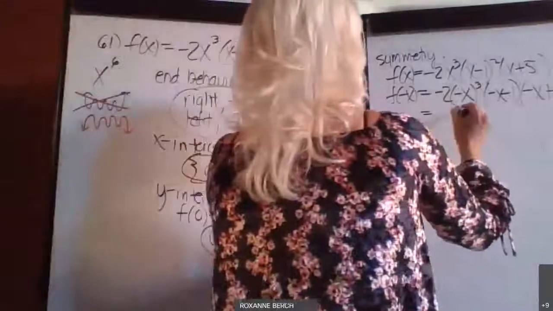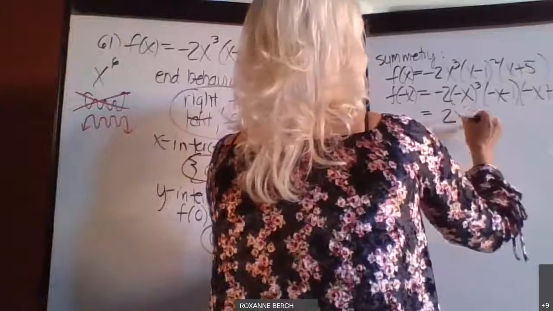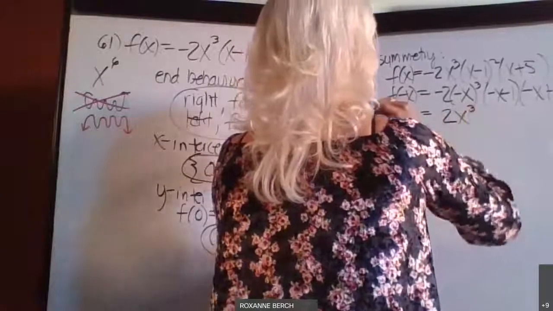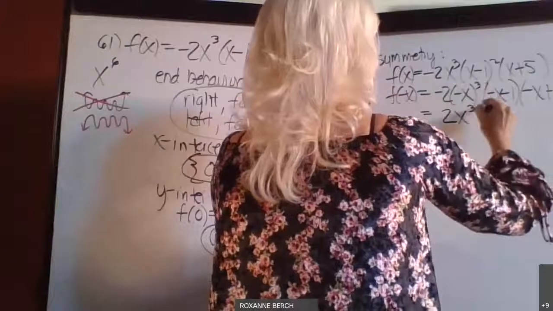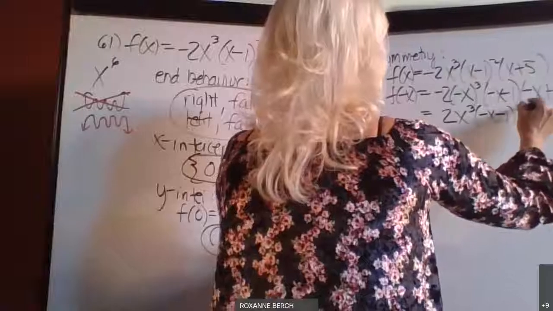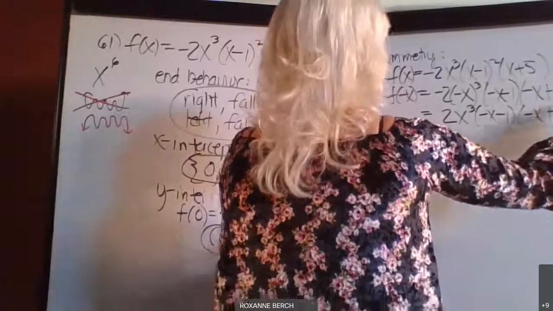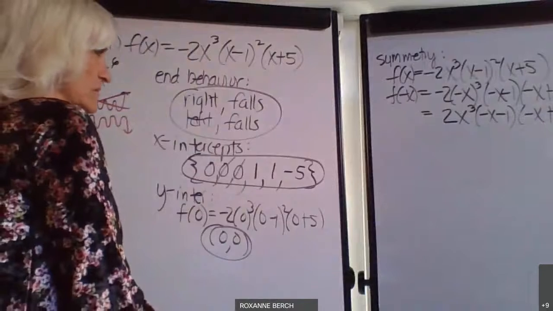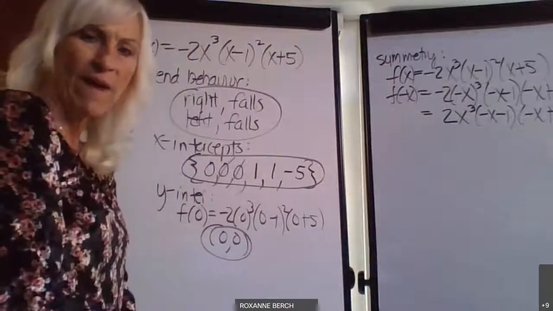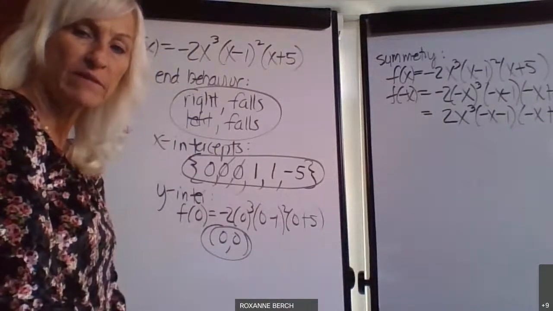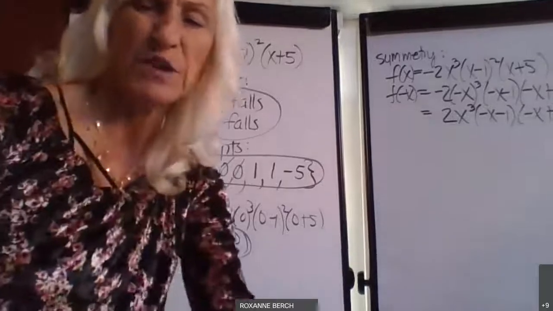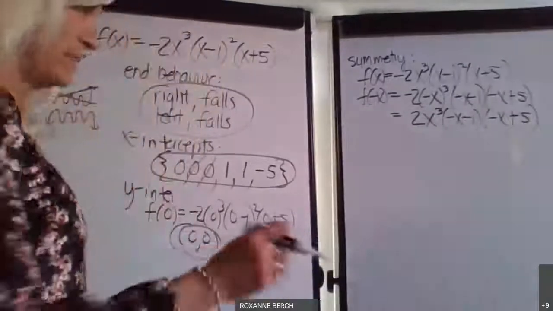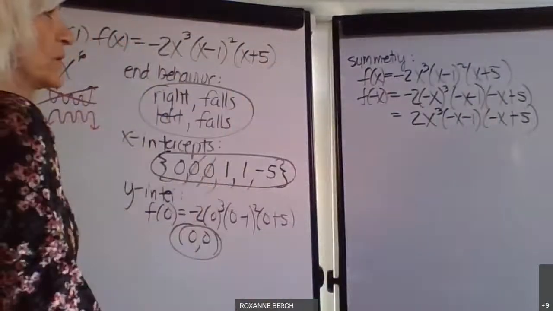So this would be a positive 2x cubed. Okay, that might look exactly opposite. So we might have origin symmetry. So we'll see. It's still confusing the way it's written. It's even confusing to me because I don't use this that much.